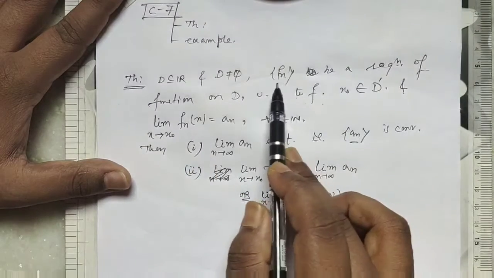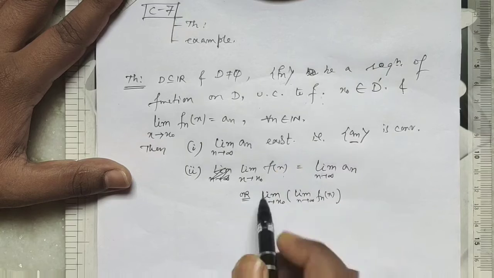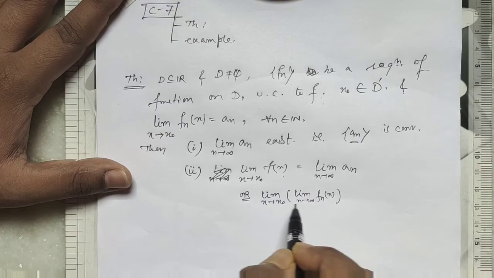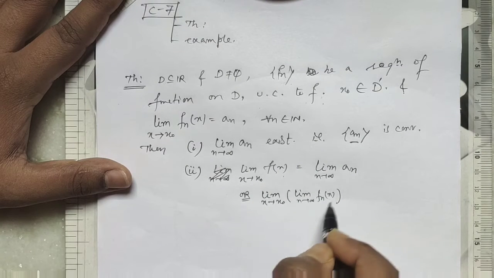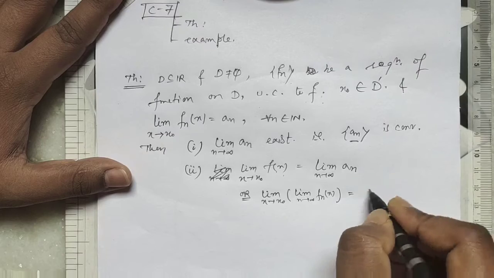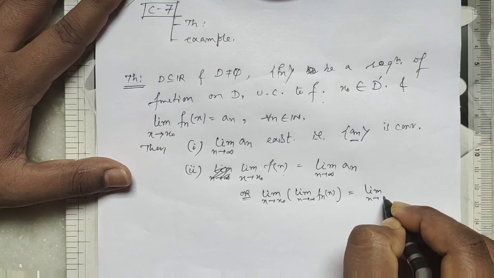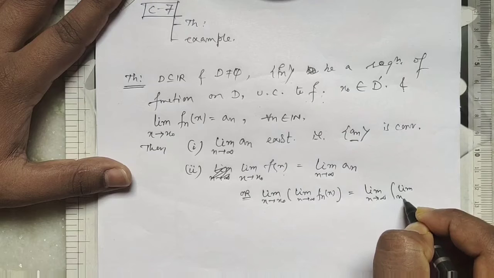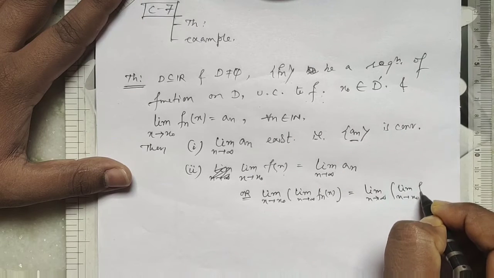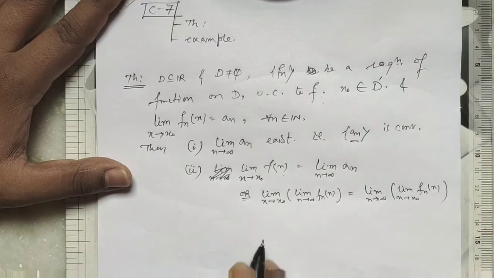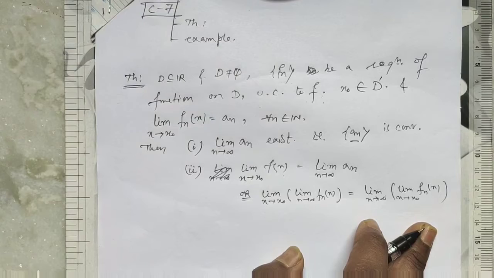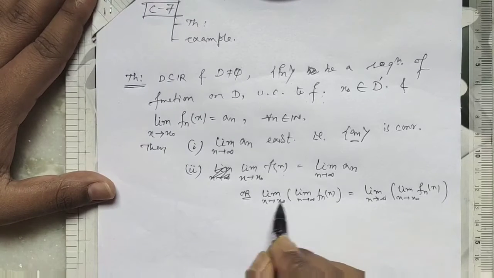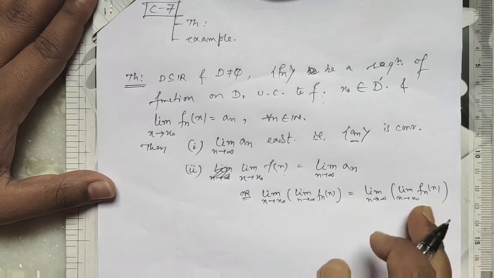Because the sequence of functions uniformly converges to f, f(x) can be written as this, and limit as x tends to x0 of f_n(x).